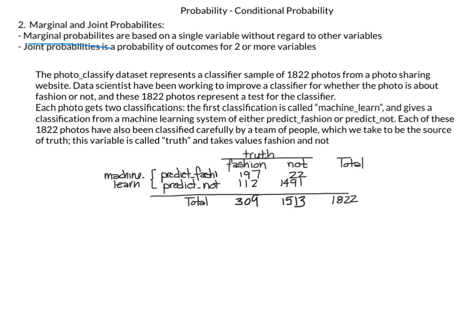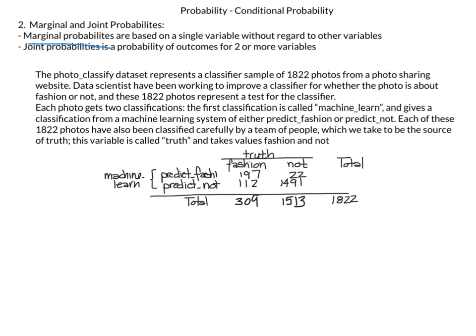We can also now get our marginal counts for our machine learning. This is about the variable that our computer program classifier had come up with. If we want to know how many photos in total it predicted as fashion, we would add up the row for predict fashion. So we have 197 plus 22.